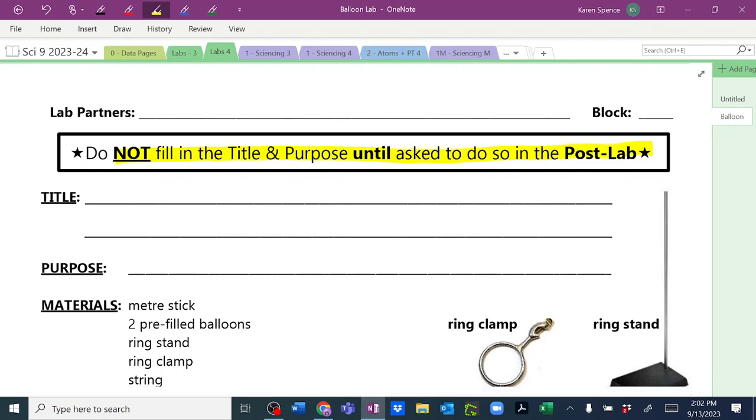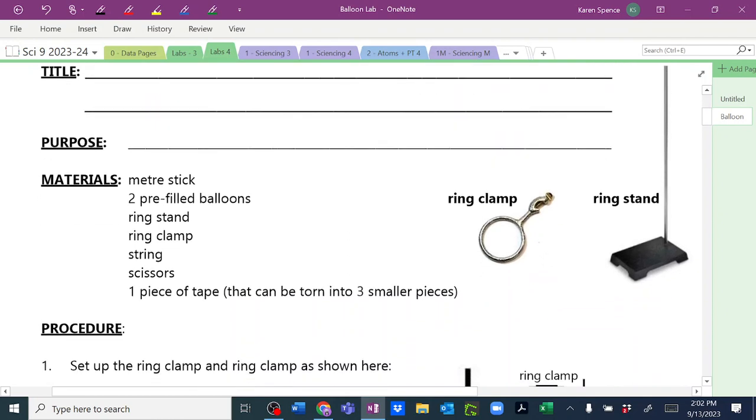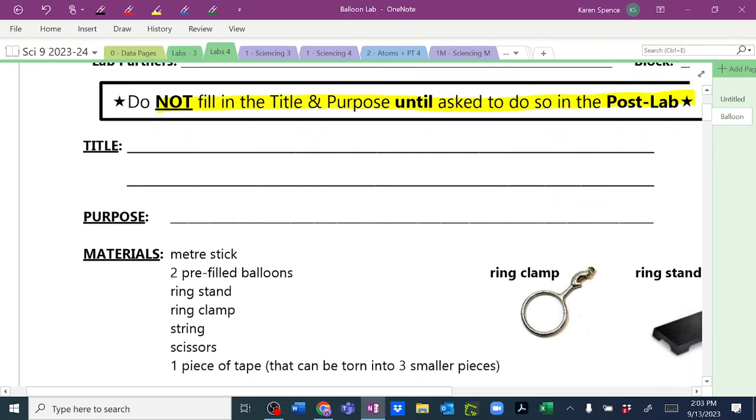Your title needs to be very descriptive of what the lab is about, and you won't really know that until you have finished the lab. Same thing with the purpose. We're doing this a little bit backwards here. This is more of an activity than an experiment that you've designed. Along the way, hopefully we're going to get you to design your own experiment. But we always start with our title.